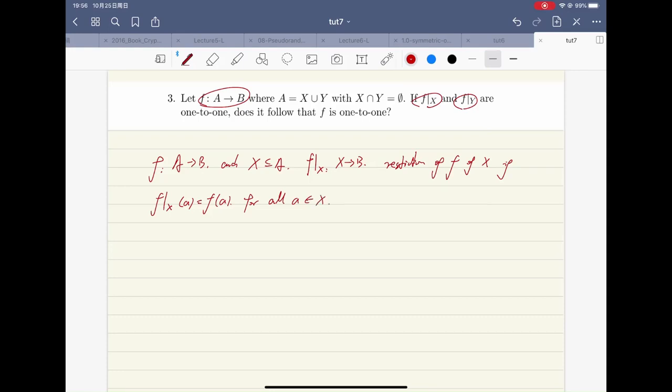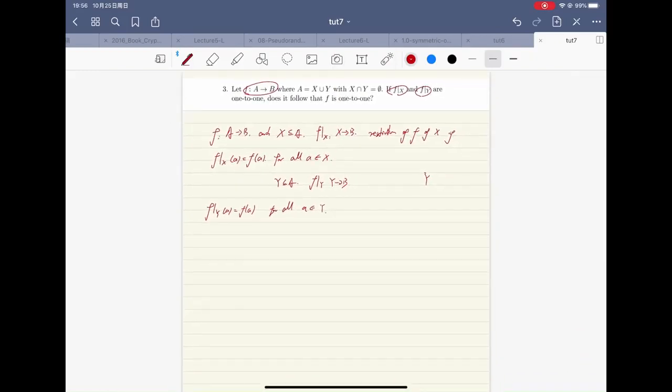We have Y as a subset of A, Y maps to B. We have the restriction of f to Y if f_Y(a) equals f(a) for a belongs to Y, right? So we can construct sets X and Y, and therefore A and B, to prove that the function f is not one-to-one.